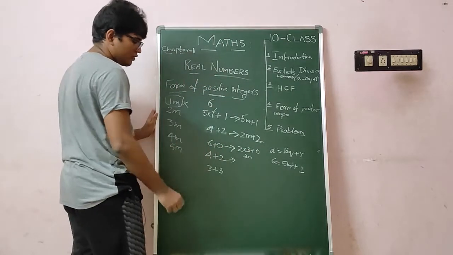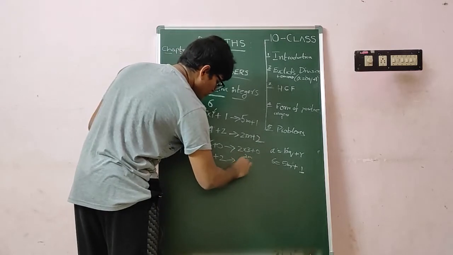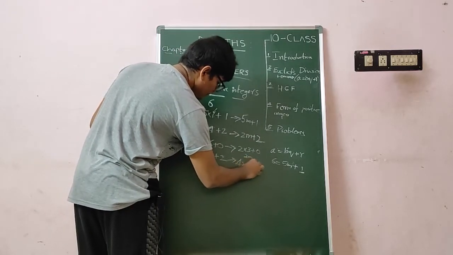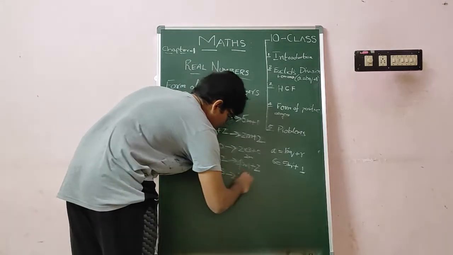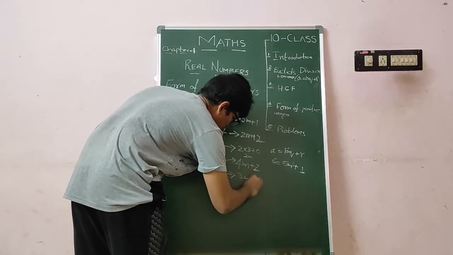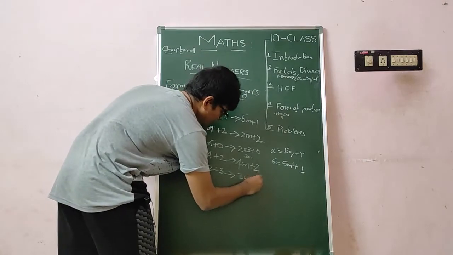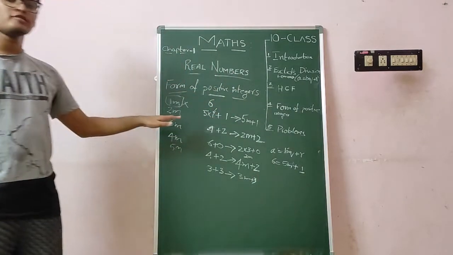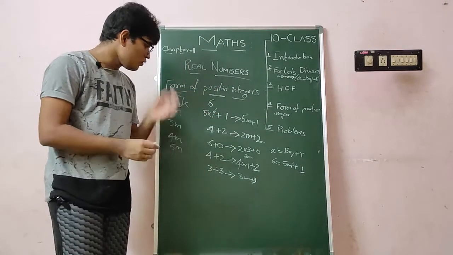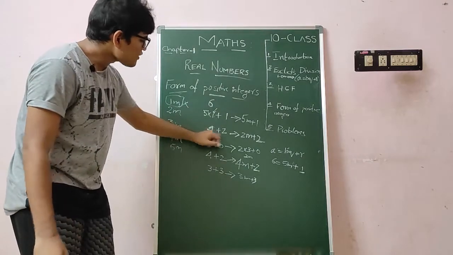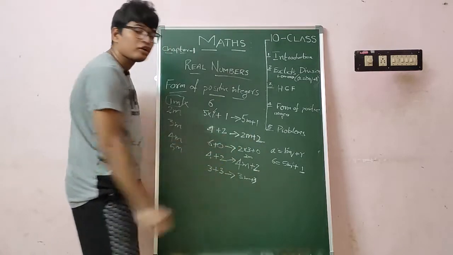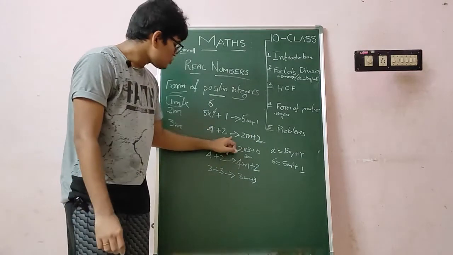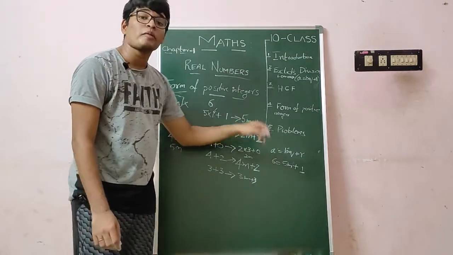And this is 4 into m plus 2, and this is 3m plus 3. Don't get confused, students, you will get better clarity now. See, 4 plus 2 is 6, and 4 can be written as 2 into 2, yes or no? Yes. So it can be written as 2m plus 2.